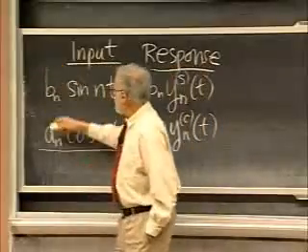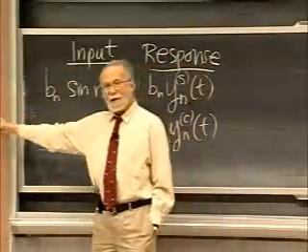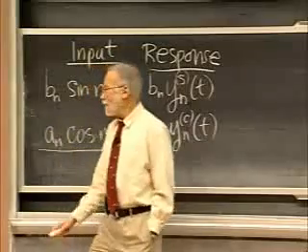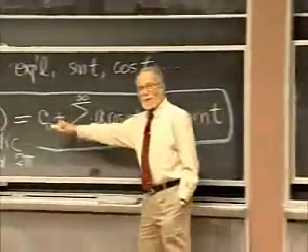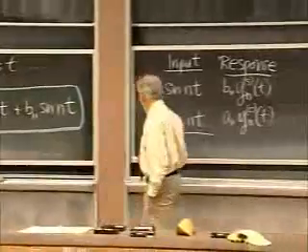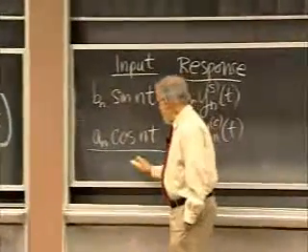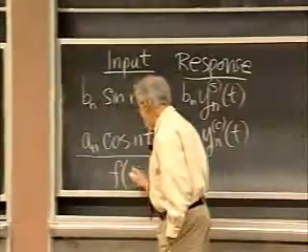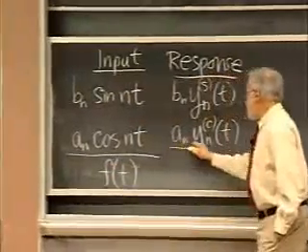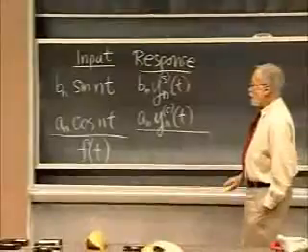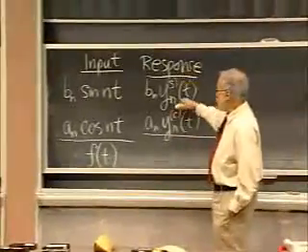If I add them up for the different n's and take account also the n equals 0 corresponding to this first constant term, the sum of all these, according to my Fourier formula, is going to be f of t. What's the sum of the corresponding responses?